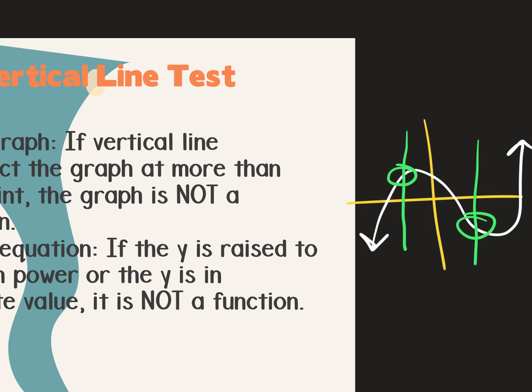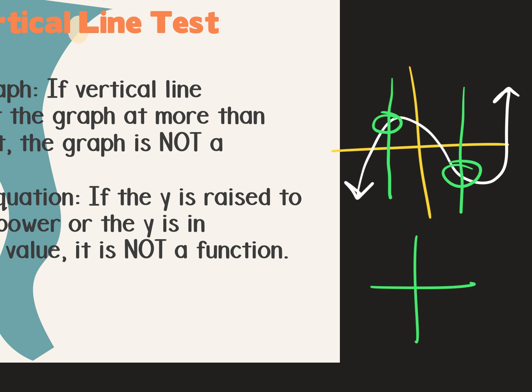If it touches the graph more than once, like it does here and here, what do you notice about the x values? There's 2 of them. They repeat. So if you're given a graph, draw a vertical line anywhere on it. If it touches the graph more than one time, then it's not a function.